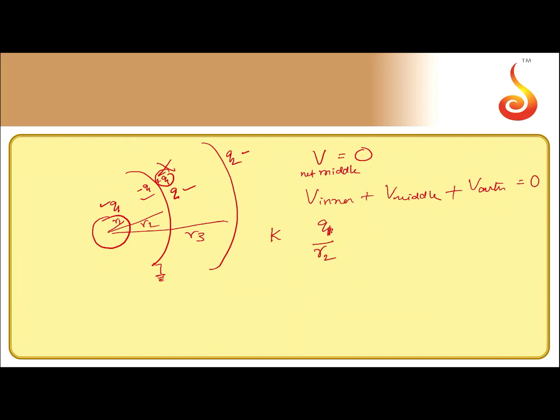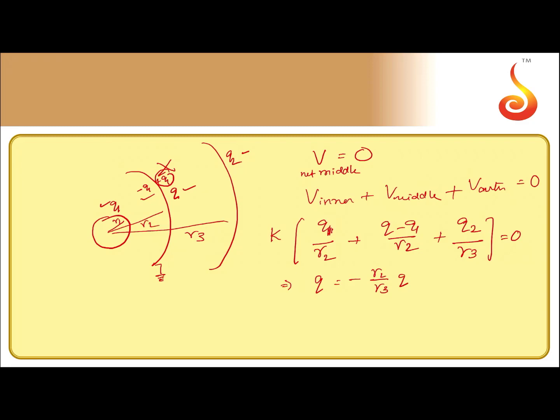Potential due to the inner conductor at the site of middle conductor, plus Q minus Q1 divided by R2. That's the charge on the middle conductor, plus Q2 divided by R3. These three add to 0. And upon simplification we get Q is equal to minus R2 by R3 times Q2. So this is the charge on the outer surface of the middle conductor.